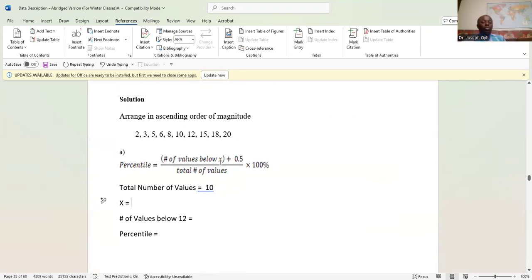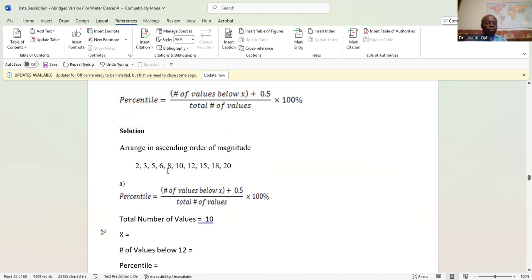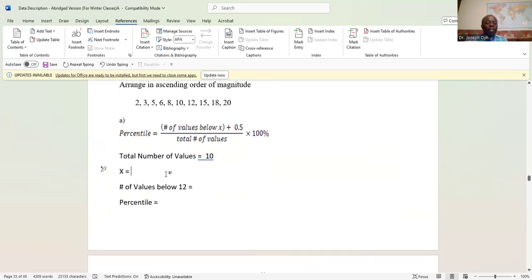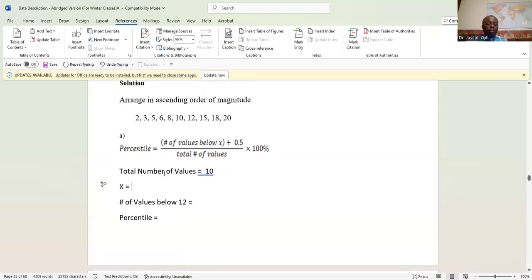S will represent the number of items that are below it. It's already arranged in order, 12 right here. Now, S is how many values are below 12.